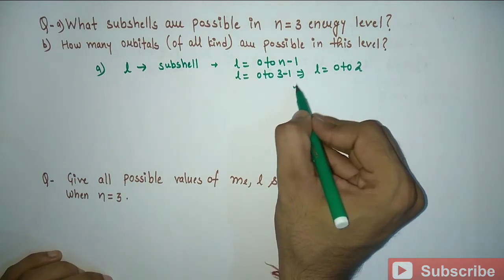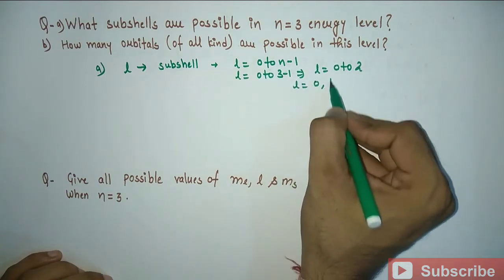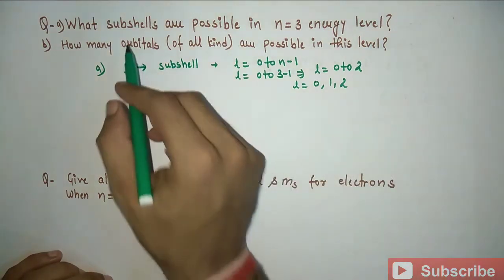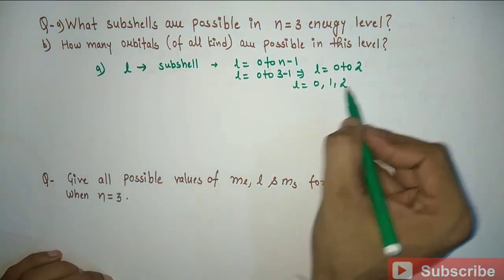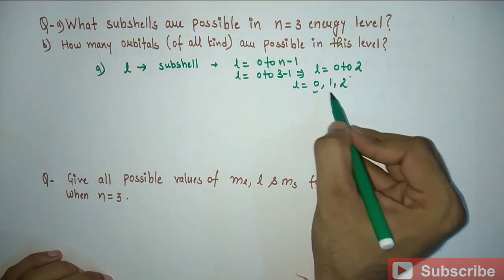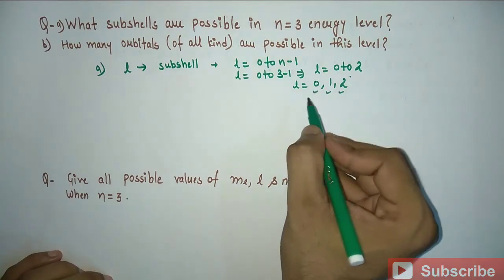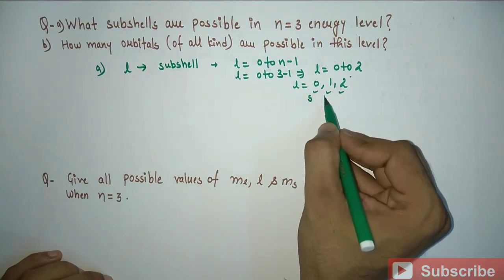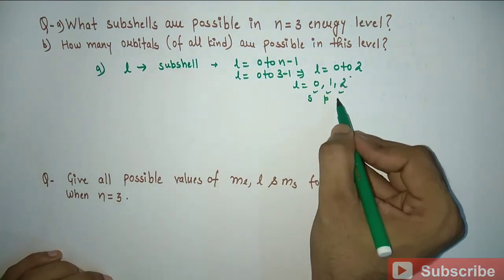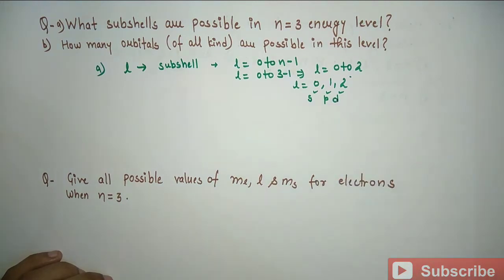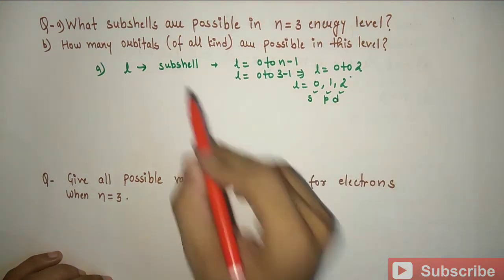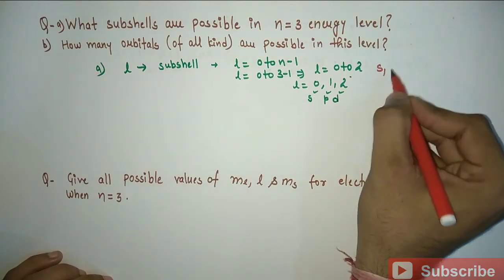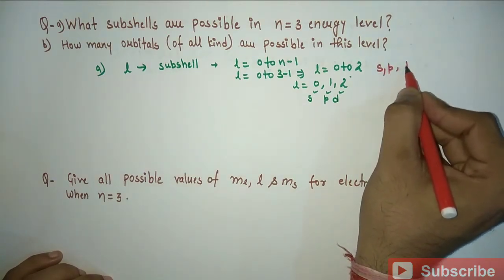That is, l is equal to 0, 1, 2. So the total possible subshells in the third energy level are 3: 0, 1 and 2. And l equal to 0 is the s subshell, l equal to 1 is the p subshell, and l equal to 2 is the d subshell. Hence, the subshells which are possible in the third energy level are s, p and d.